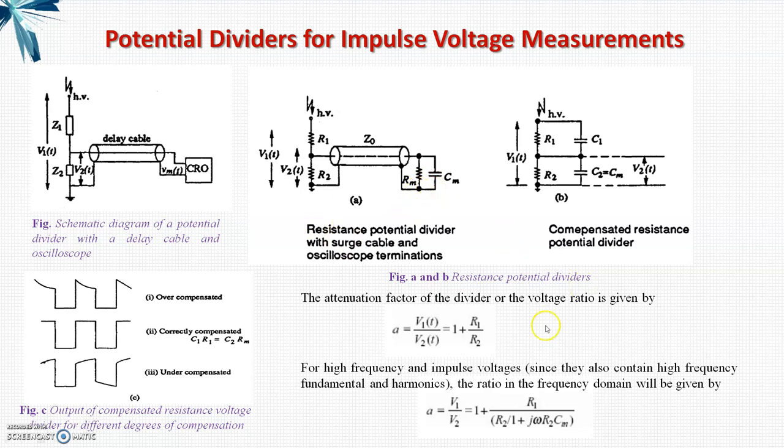Then here this voltage ratio is given by A equal to V1 of t divided by V2 of t, that is R1 plus R2 divided by R2, so we get 1 plus R1 by R2. Whereas in high frequency or impulse voltages, the ratio in the frequency domain will be given by this equation. Here it consists of a frequency term.